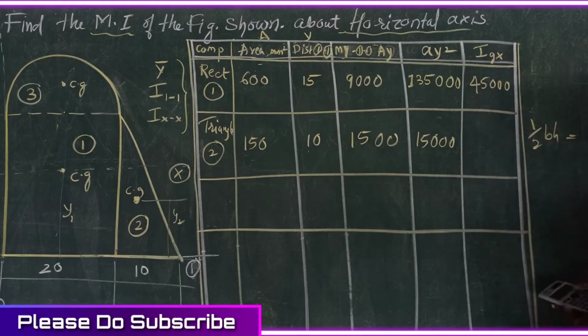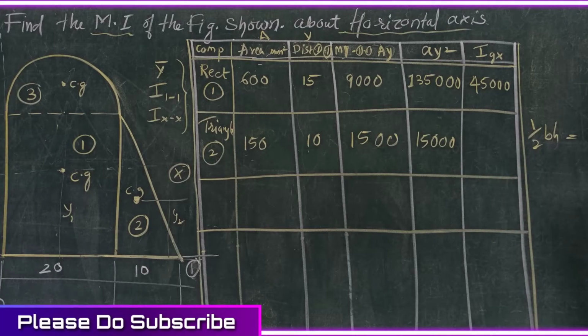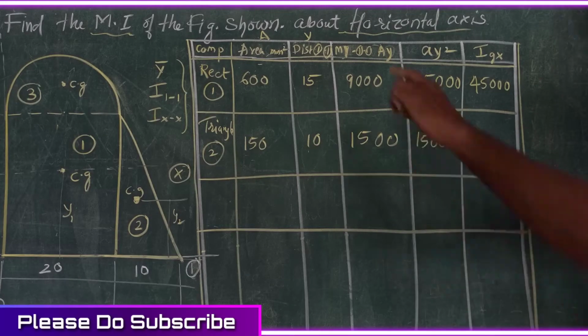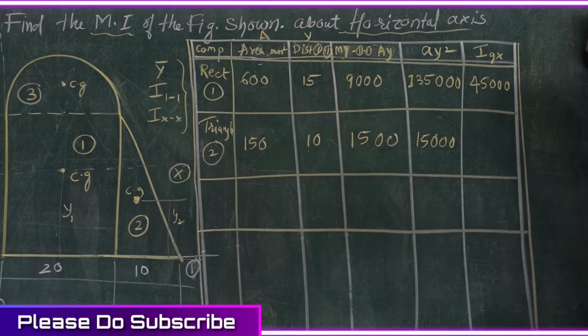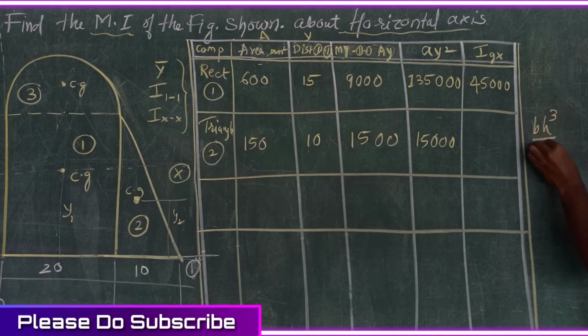Then moment of inertia. For a triangle element, it will be b h cube by 36.